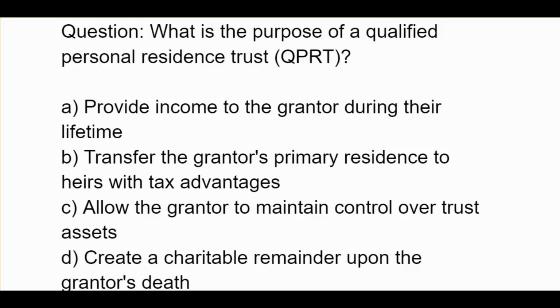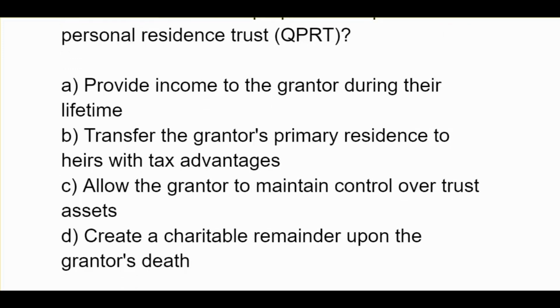What is the purpose of a qualified personal residence trust? A. Provide income to the grantor during their lifetime. B. Transfer the grantor's primary residence to heirs with tax advantages. C. Allow the grantor to maintain control over trust assets.